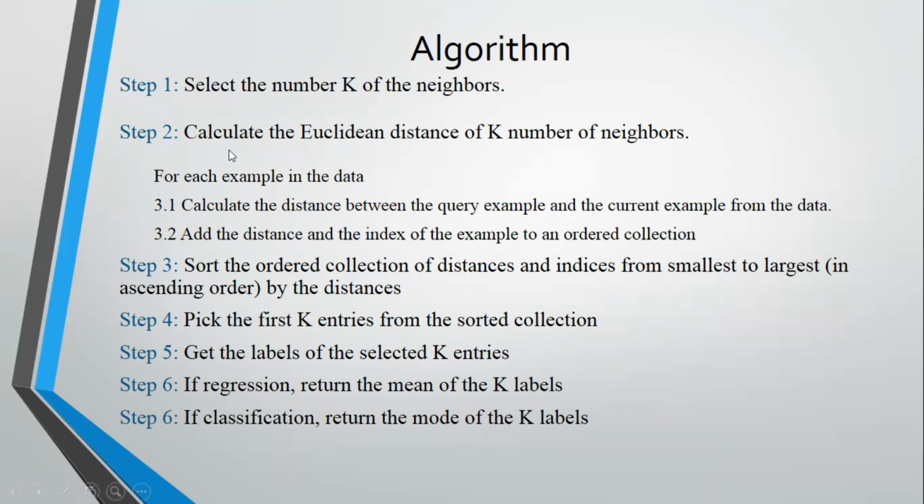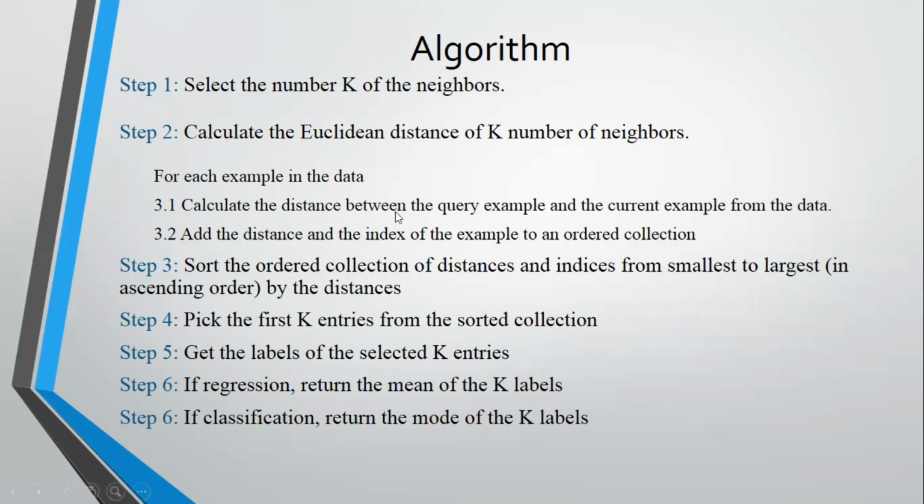The next step is to calculate the Euclidean distance to the neighbors. Euclidean distance is given explicitly here, but it is up to your option. You can use any distance measure formula. Using that, you find the distance between your unknown-label data and your data points.